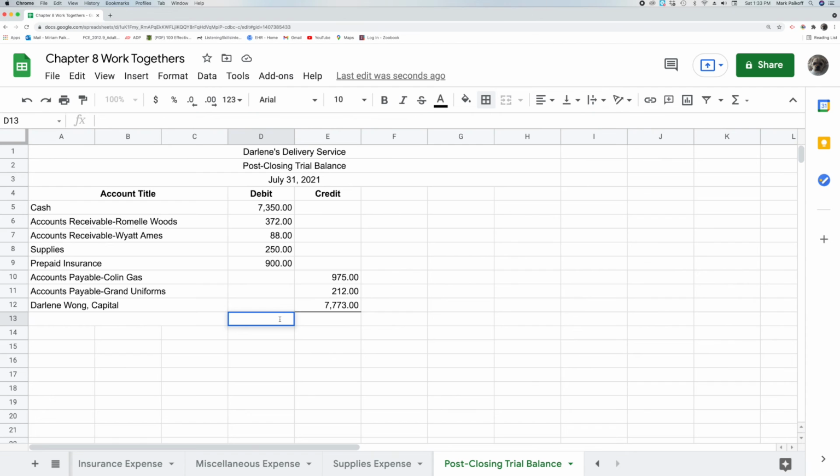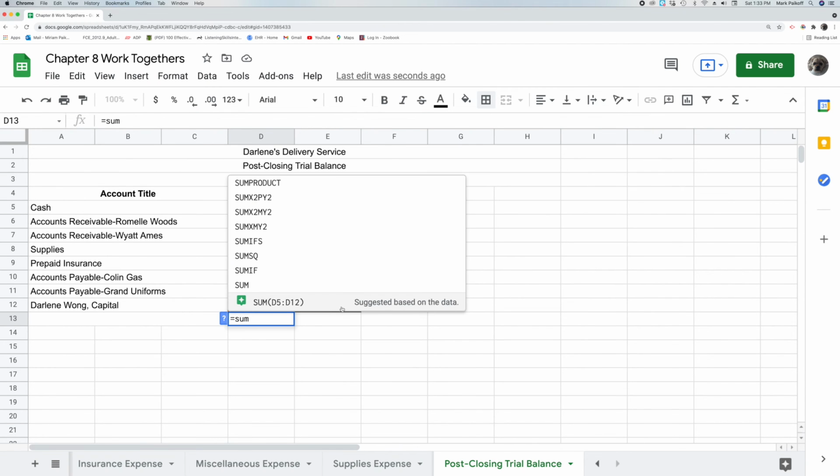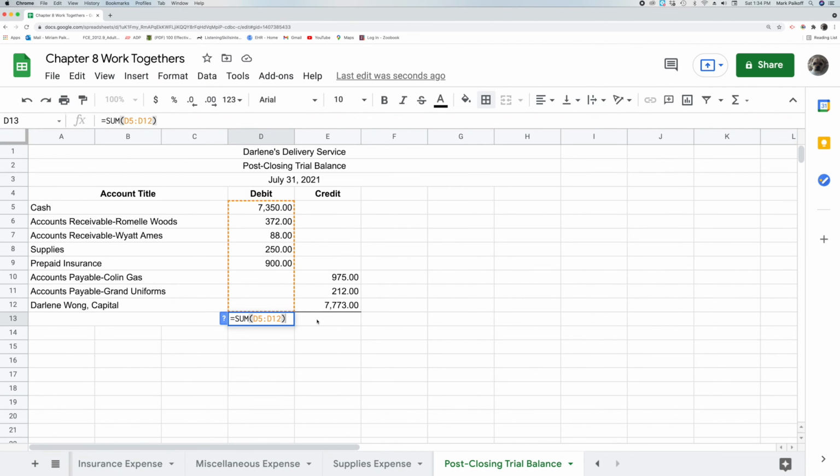So we're going to type in equals sum, select cells D5 to D12, and then press enter. And that gives us $8,960. We're going to do the same thing for the credit column.